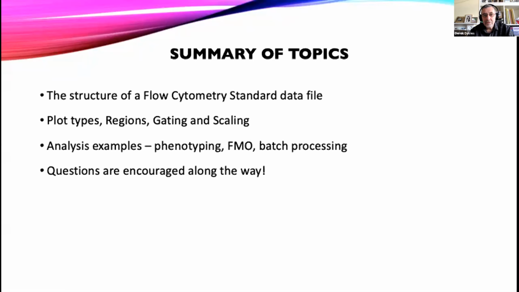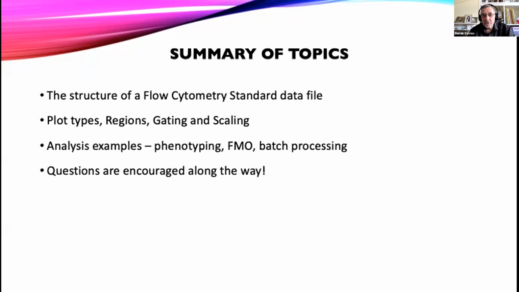We also looked a little at the data scaling that we can change in the analysis portion. So we'll probably start today with something very similar, just to get you used to a slightly different software and maybe a slightly different way of doing things.